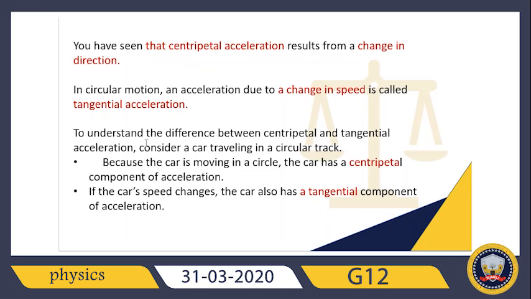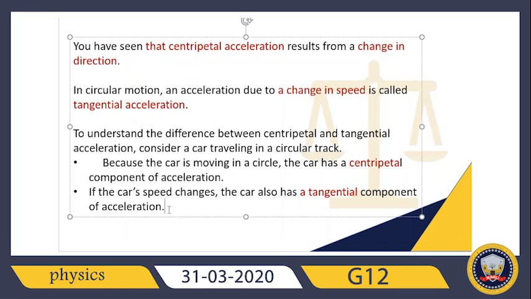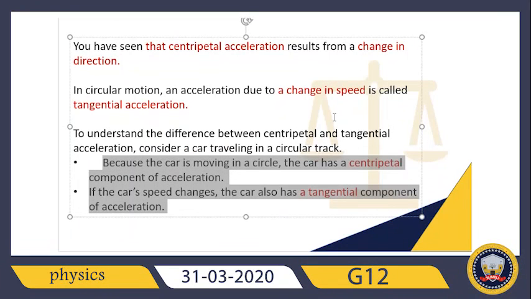The second type is tangential acceleration. To understand the difference between centripetal and tangential acceleration, assume we have a car traveling on a circular track.